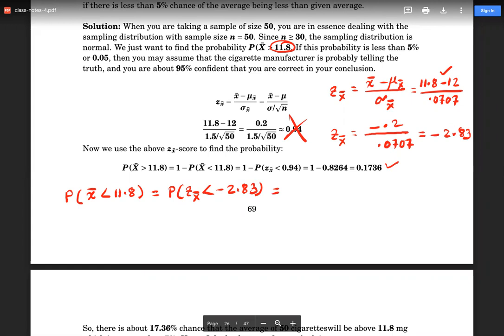What do you get for probability? There's going to be the actual answer. Could you please look it up? I want everybody to try it. Okay, 2.83. For 2.83, yeah. 0.0023.